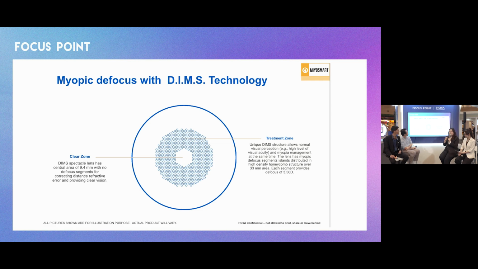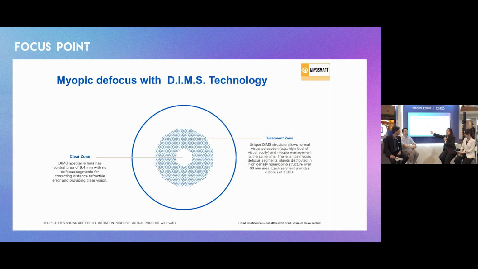This lens will be fitted into the frame and the student wears it like normal glasses. Through the clear zone, the student will see things how they are supposed to see after they wear glasses, which is everything clear. When far is not clear, we wear glasses so it becomes clear. And the magic is at the treatment zone.